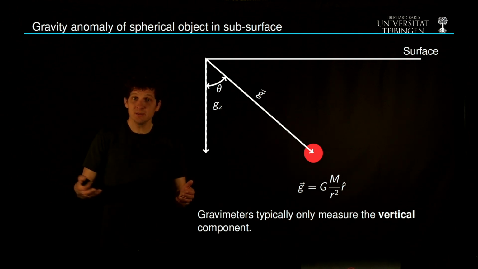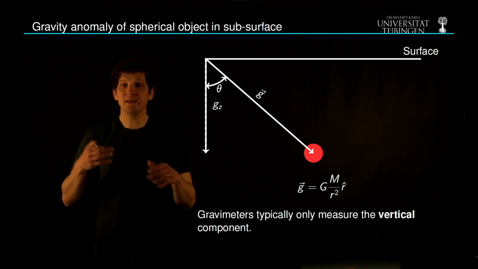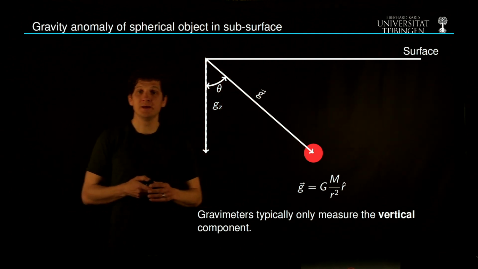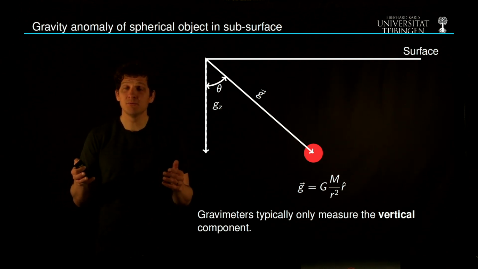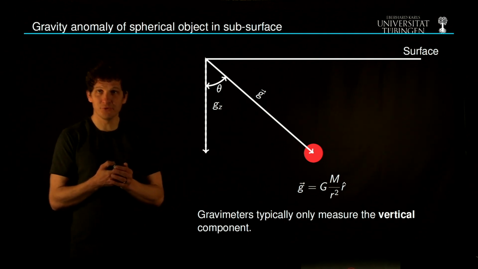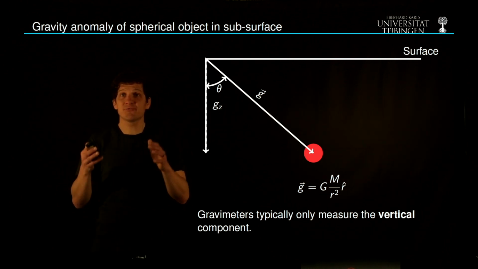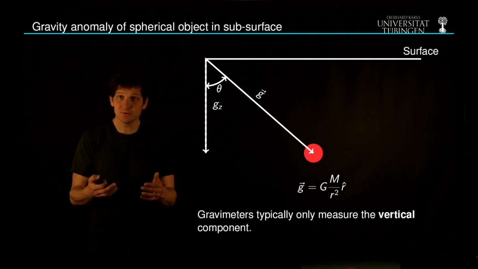The question that you will need to answer in the exercises is, what is the expected vertical component of the gravitational pull exerted by the target? And why only the vertical component? Well, gravimeters typically only measure the vertical component, and your DIY smartphone's freefall gravimeter from the previous exercise is no exception to this.